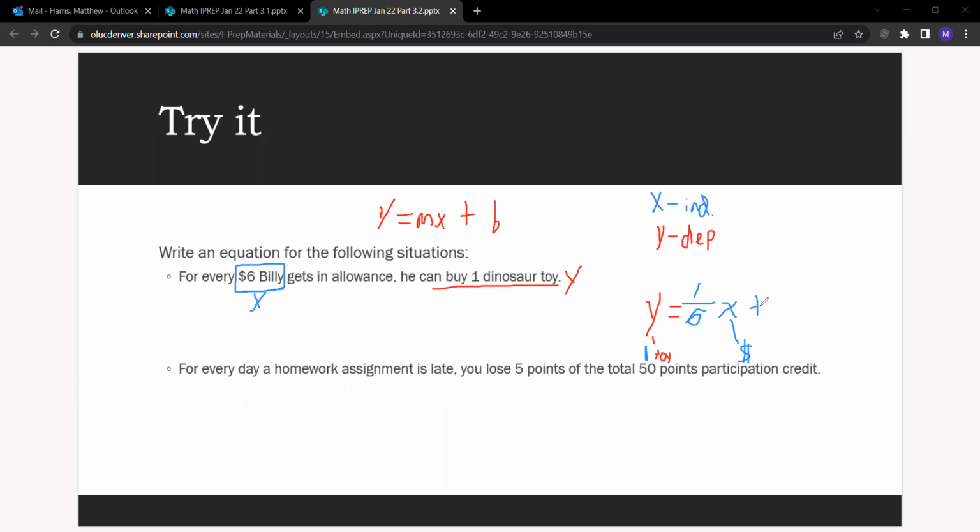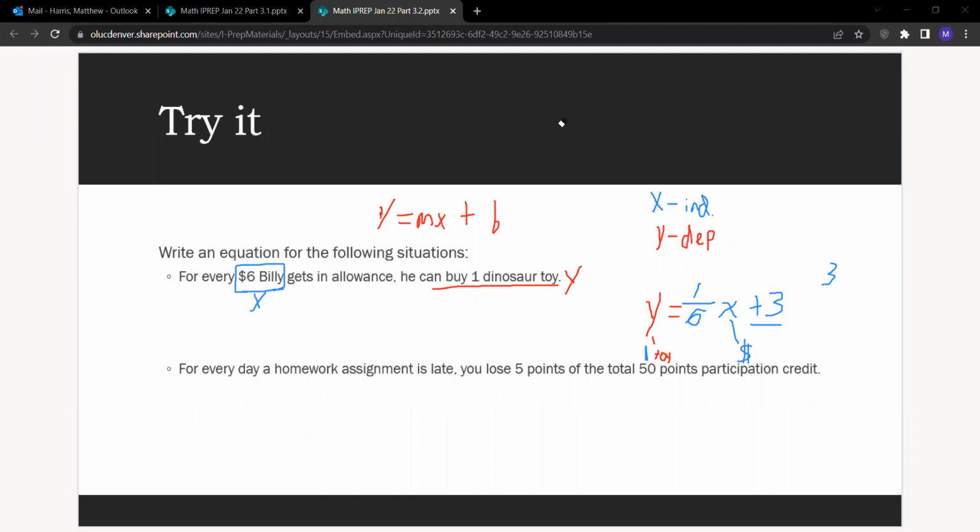If this was plus, let's say 3, that would mean we already have 3 dinosaur toys. Sorry, I mixed that up. It would go plus 3 because of how many toys we start with.